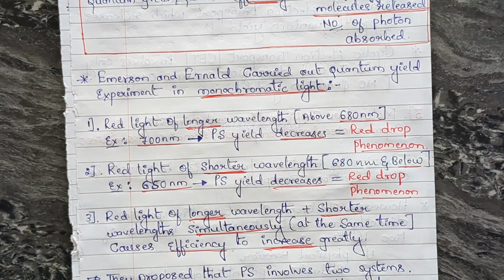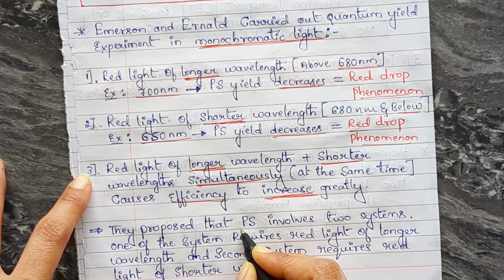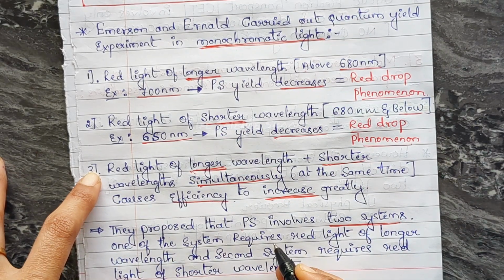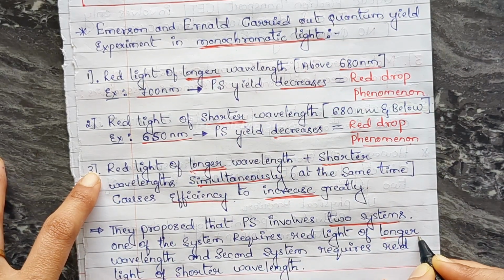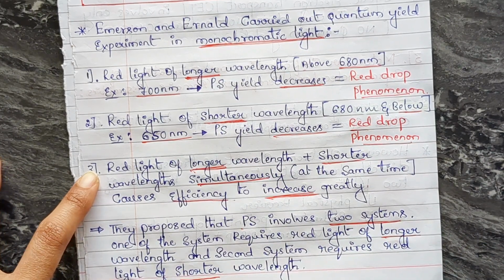By this experiment they proposed that photosynthesis involves two systems. One system requires red light of longer wavelength and the second system requires red light of shorter wavelength.